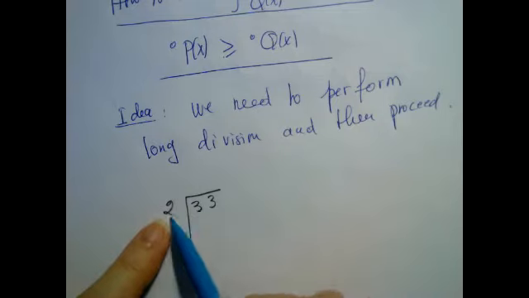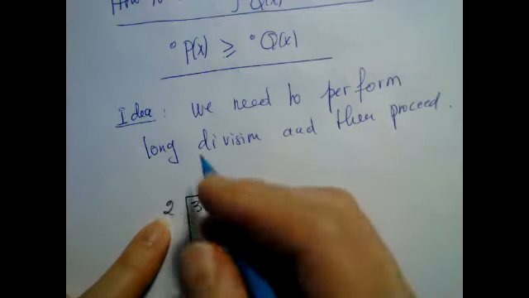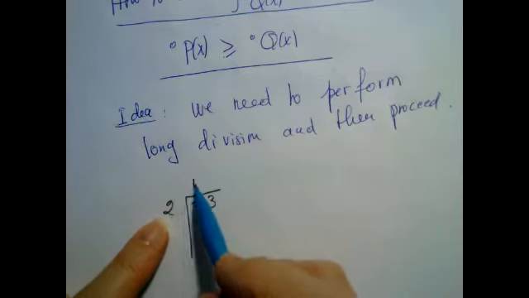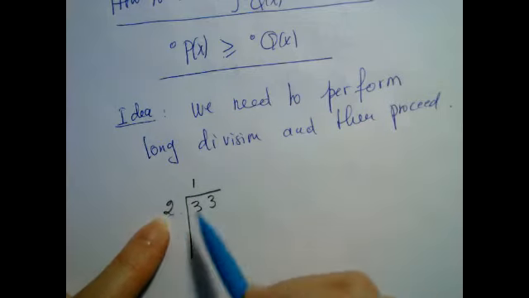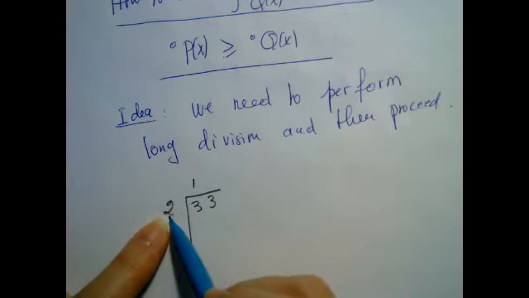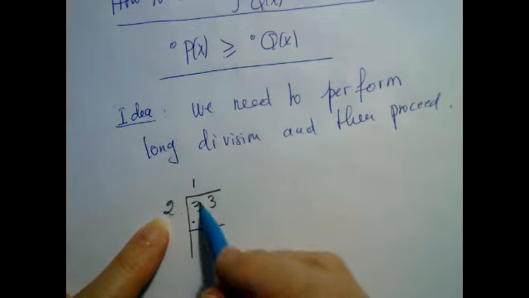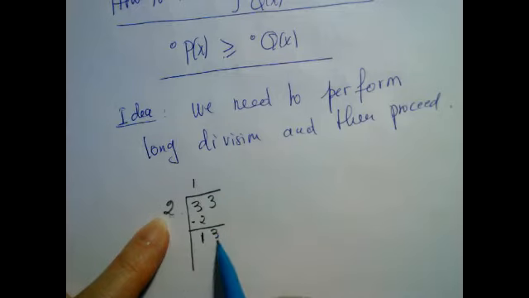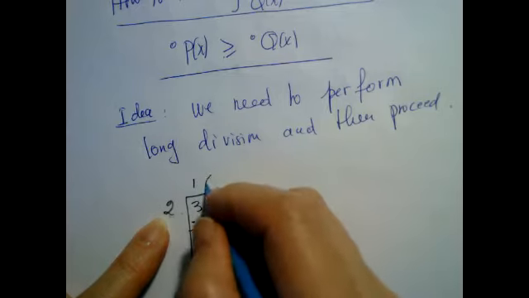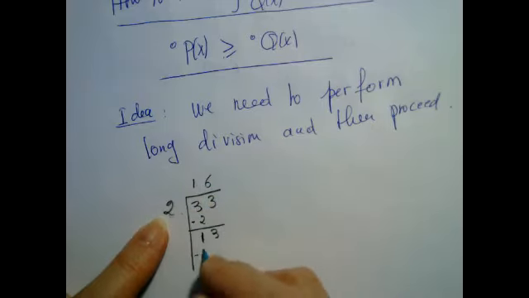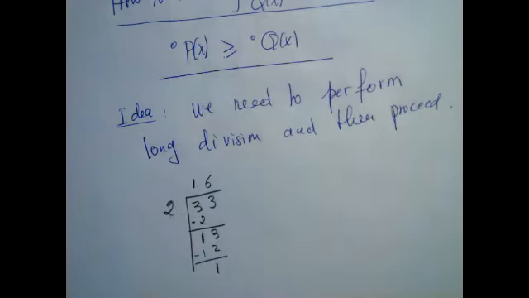We take the 3 and divide it by 2, so that's a 1 here. 1 times 2 is a 2. You take away the 2, and you get a 1 and a 13. Then you divide 13 by 2, which is a 6. 6 times 2 is a 12, and you get a 1. That's how you do long division.